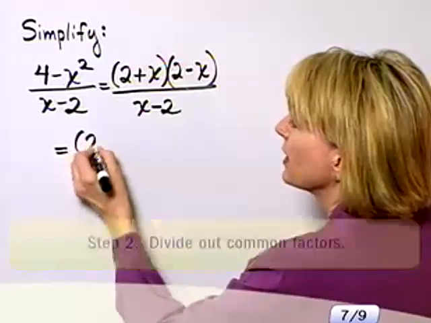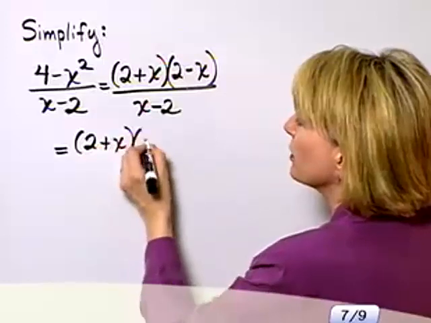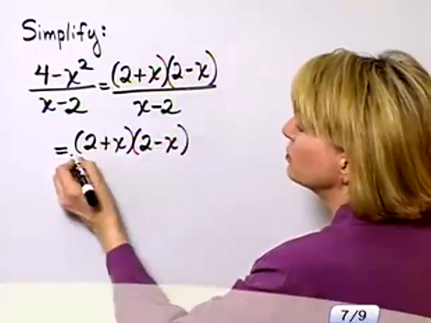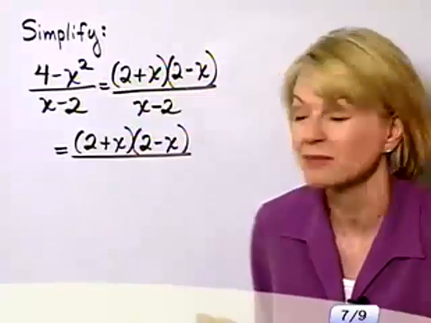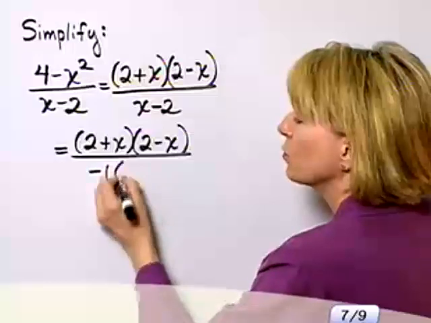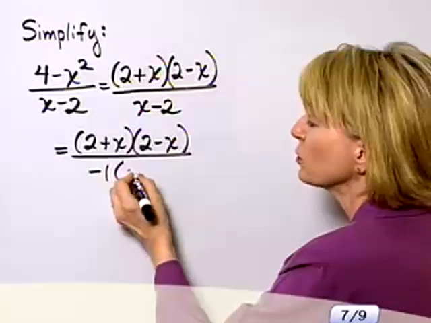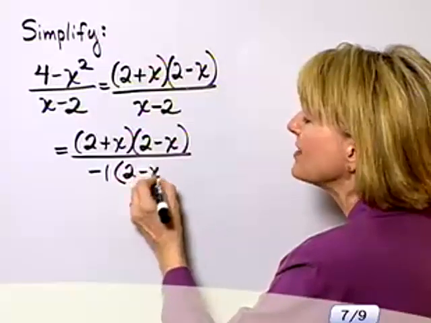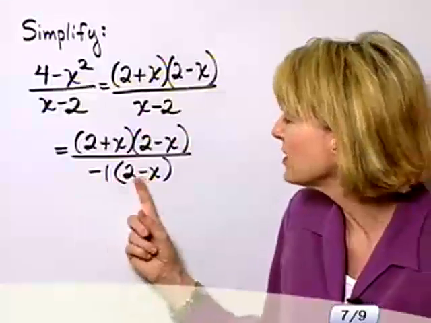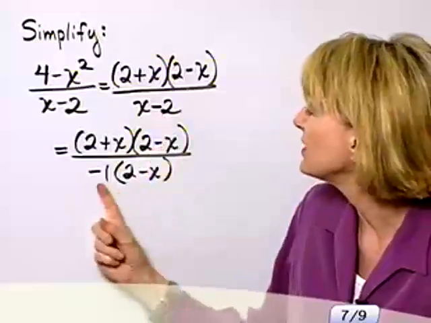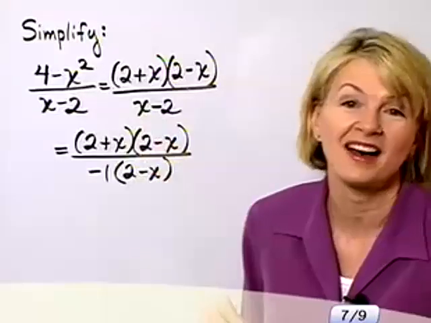I'll rewrite my numerator, and it doesn't matter if you pick this factor or this factor, but I'm going to rewrite one of them. I'm going to factor out a -1, and remember from our previous work, if I do, I then have 2 minus x. Now double check, -1 times 2, that's -2, -1 times -x, that's positive x.